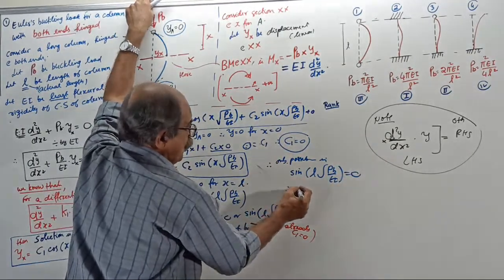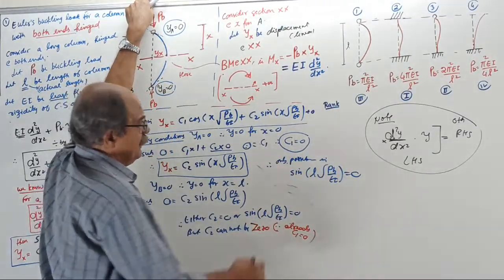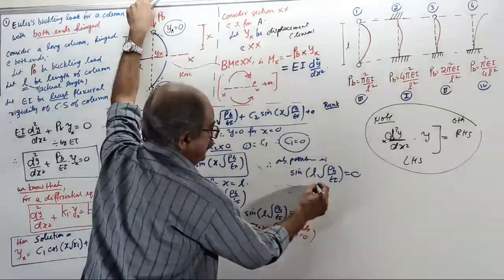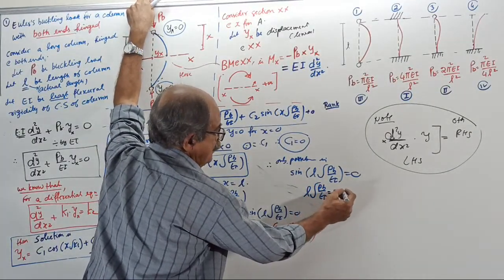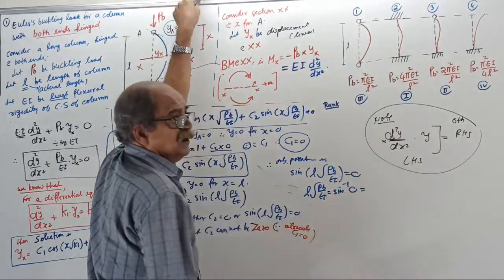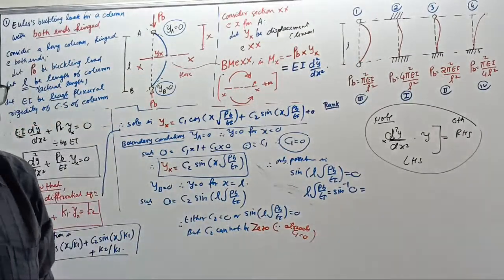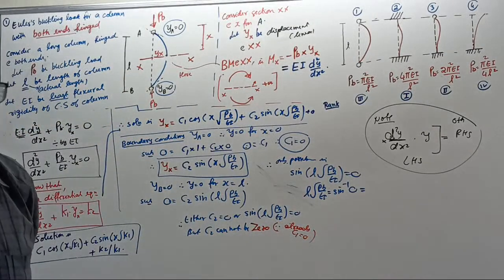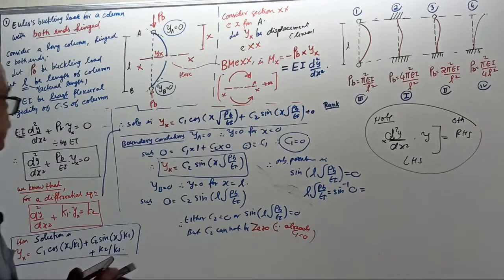Now, L root(PB by EI) equals sine inverse of 0. Tell the answer: sine inverse 0, first number. Sine of what is 0?